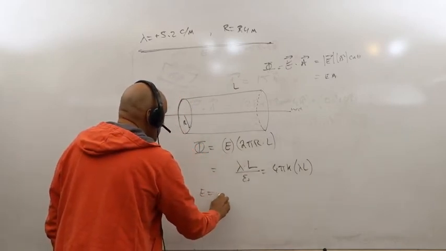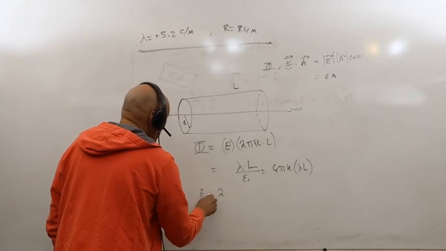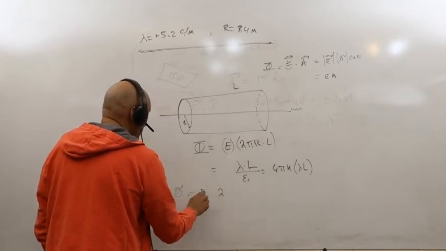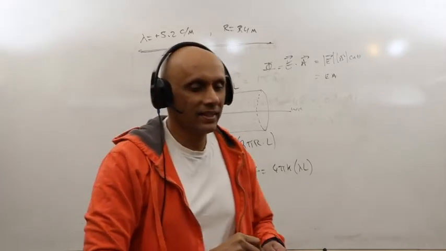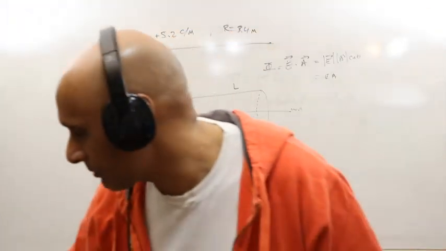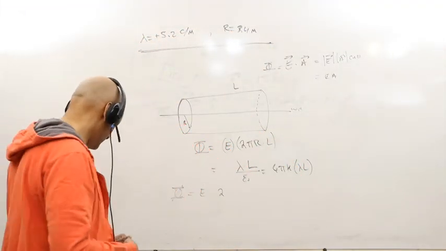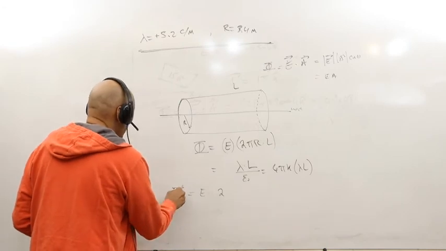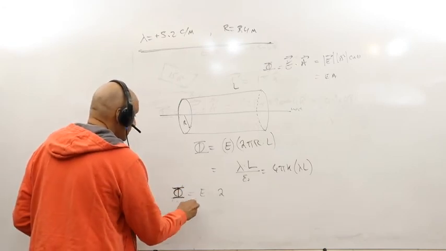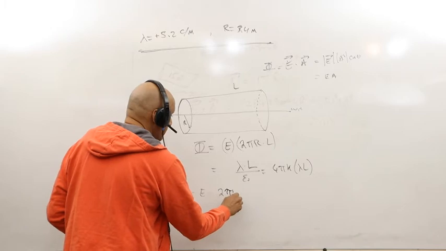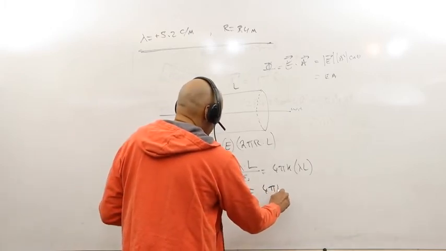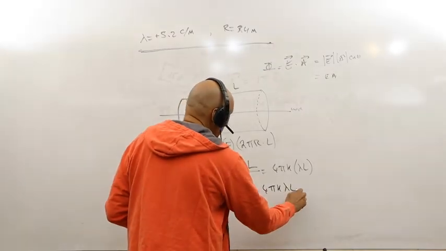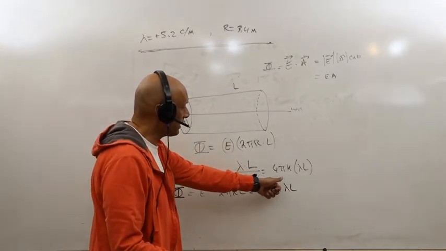The electric flux, phi, is equal to 2 pi r L times E, which is also equal to 4 pi k times lambda L. Remember, k is our Coulombic constant.